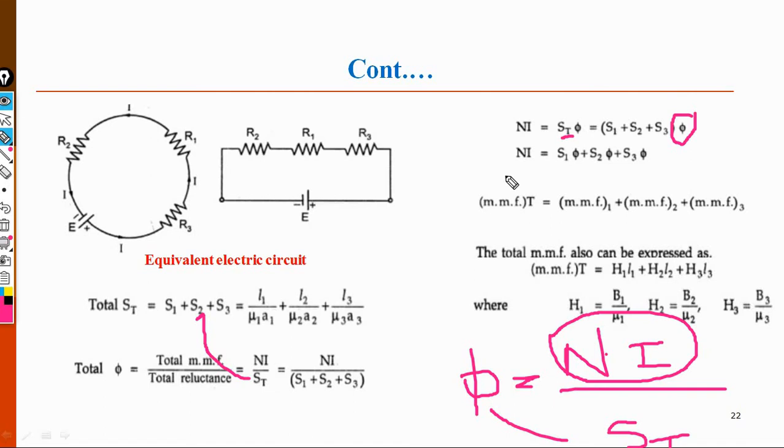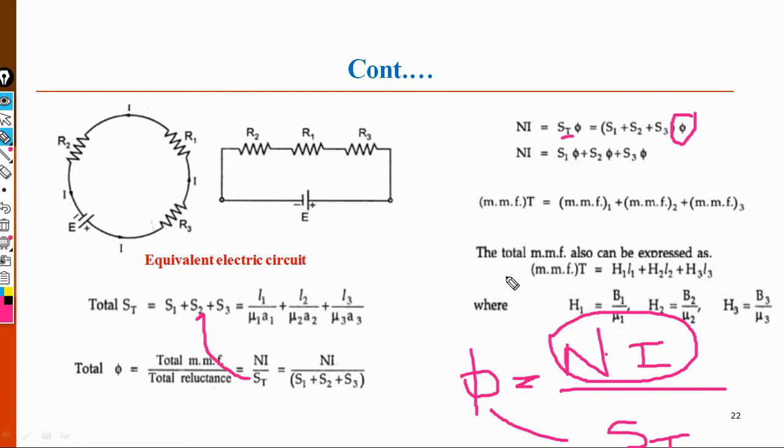That means the total MMF is equal to the MMF for the first circuit plus the MMF for the second circuit plus the MMF for the third circuit.